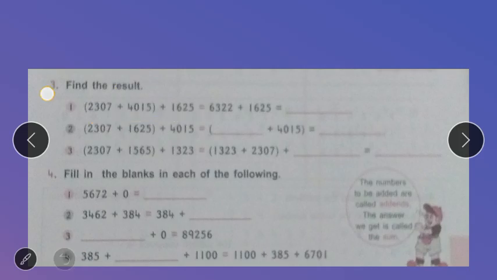Here question 3, find the result. You have to add the numbers and find the result. The numbers given before the equals sign are on the left hand side, LHS, and after the equals sign is the right hand side, RHS. So you have to add and find the answer.